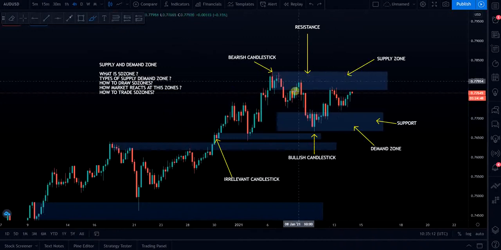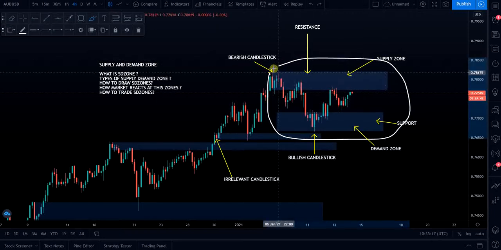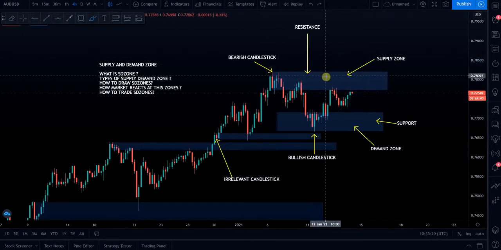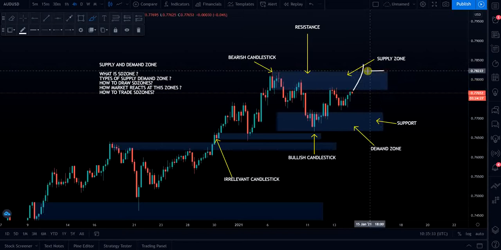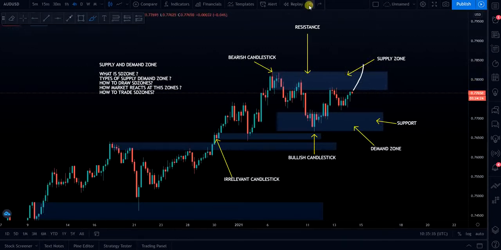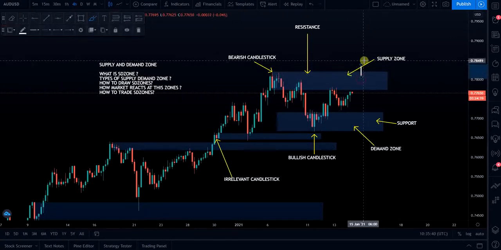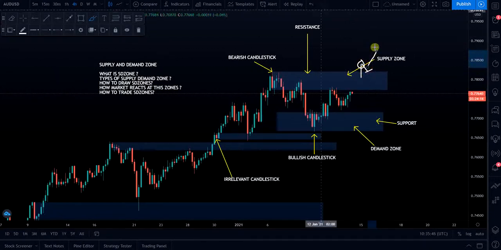So let's focus on that. In these two supply demand zones, what we can see is the market is still in a consolidation. In a consolidation, I personally don't suggest trading. We don't have any clear direction of the market. We have to wait until the market breaks this supply demand zone, then only can we plan for long trades at this level. After a clear break of the candle, retest or continuation, we can enter for the longs at this level.